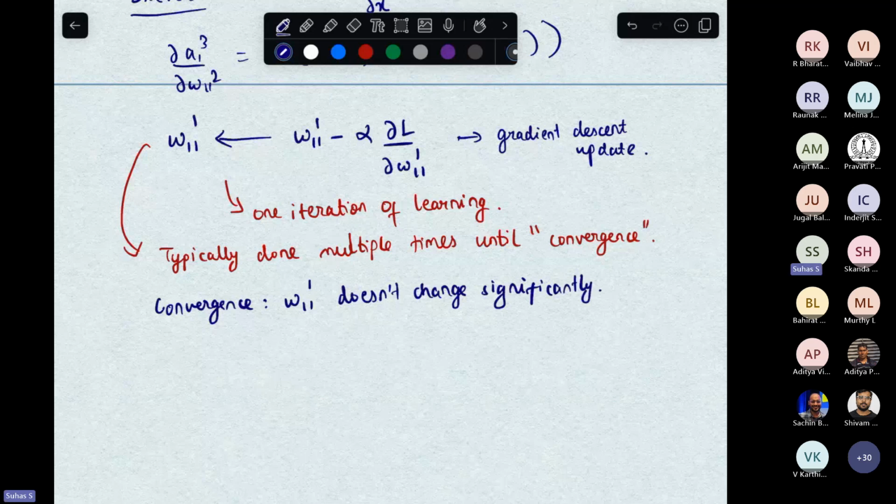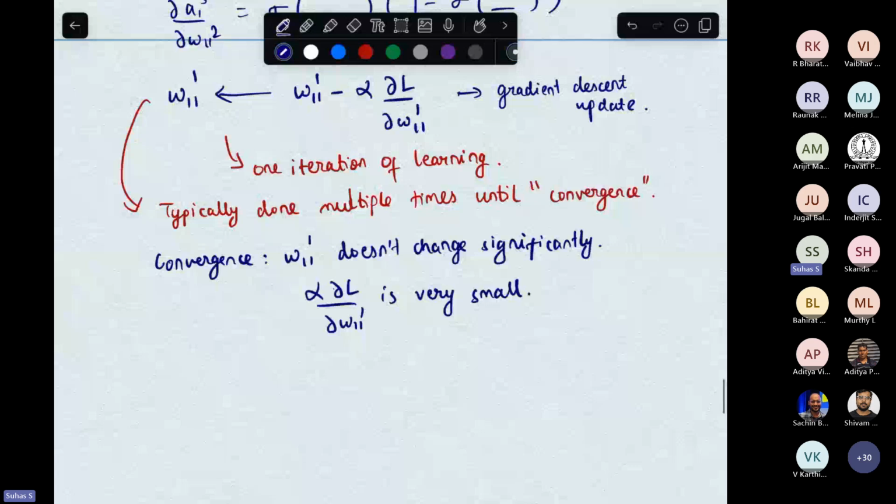Or in other words, alpha times dou L by dou W11 is very small. So as you keep training the neural network, this gradient is going to become smaller and smaller until it reaches a number very, very close to 0. And that is when you're going to stop training and say that your neural network has learned with respect to a certain weight. Okay.